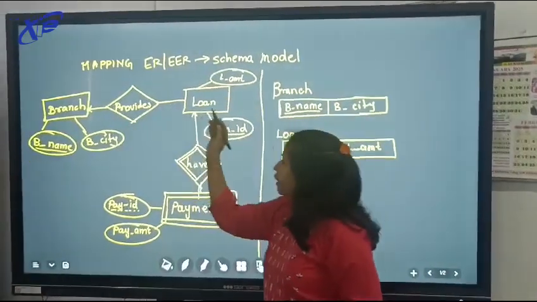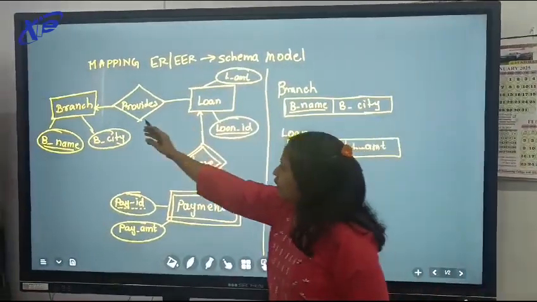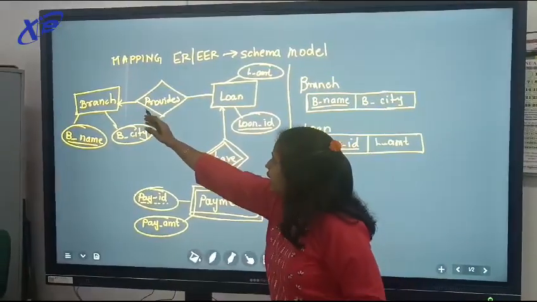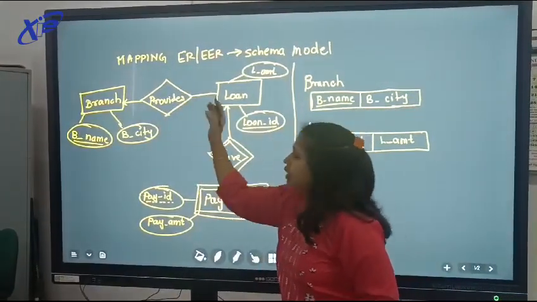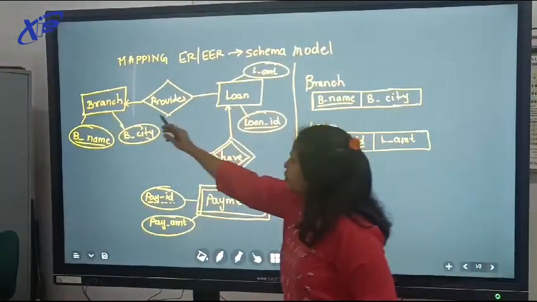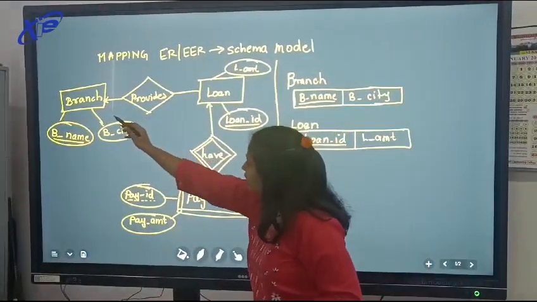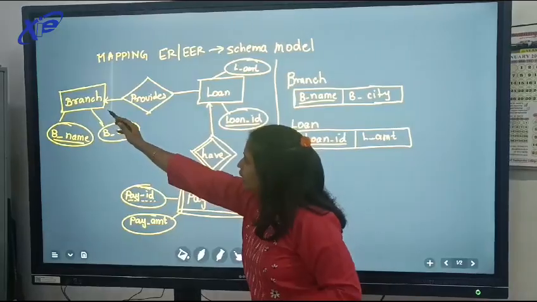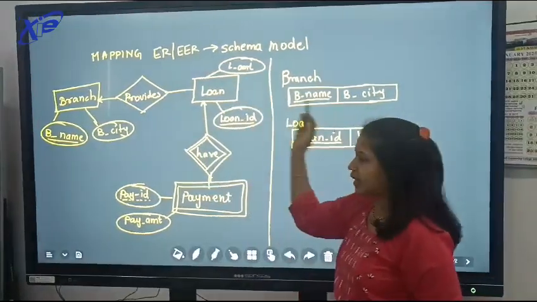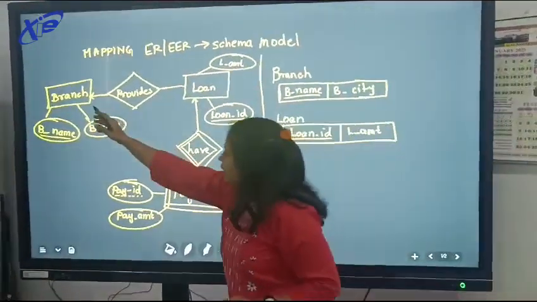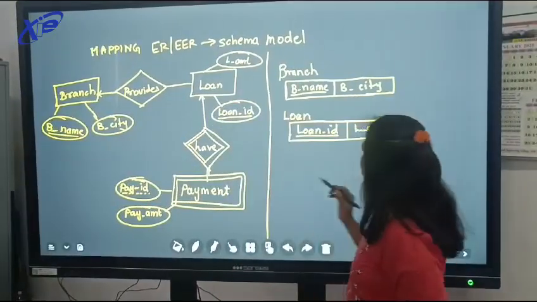Between branch and loan, we are having one relation which is provides, which is a one to many relation. So in this one to many relationship set, as per the rule, we have to consider the primary key of the one side entity set to the many side. So one side entity set is branch, primary key is B name.